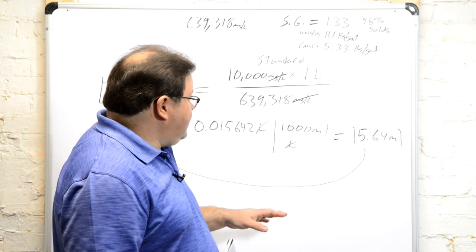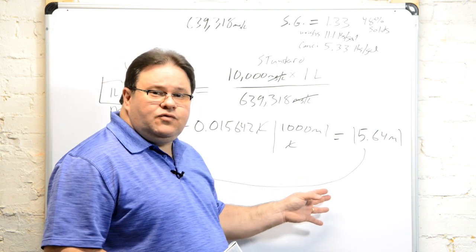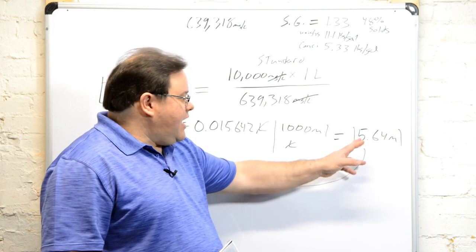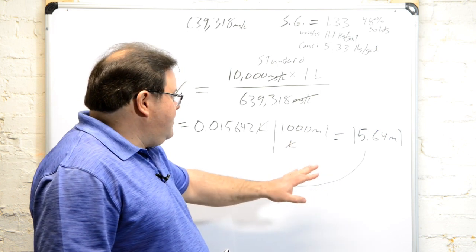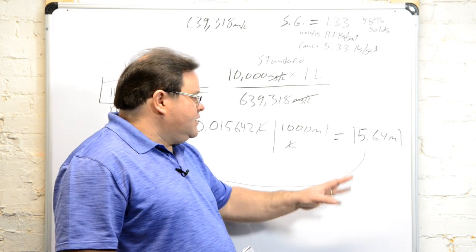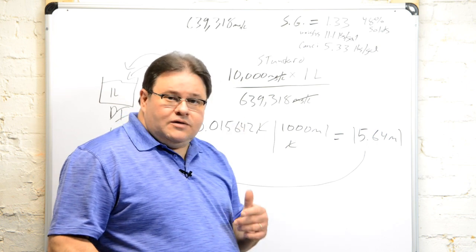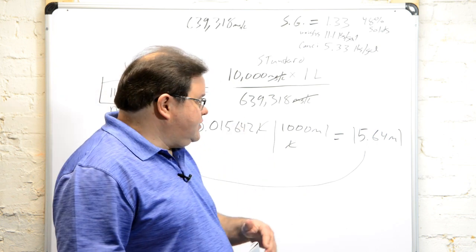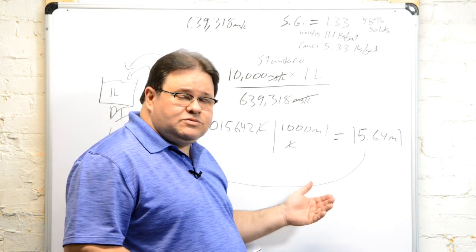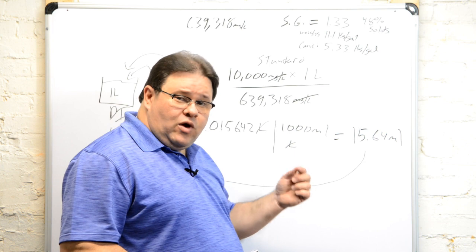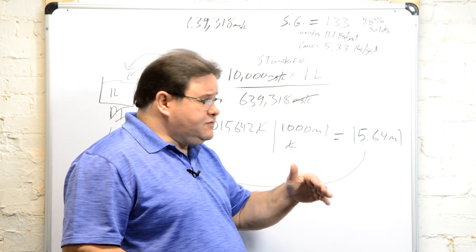If I only want to make 500 mL, I'll take half of that number. Let's say I'm using 2 liter jars. Now I've got 2 liters I need to deal with, so I'll have to make it twice as strong. So I'll have to make a 20,000 part per million solution, and that way 1 mL into a 2 liter beaker will be 10 parts per million.